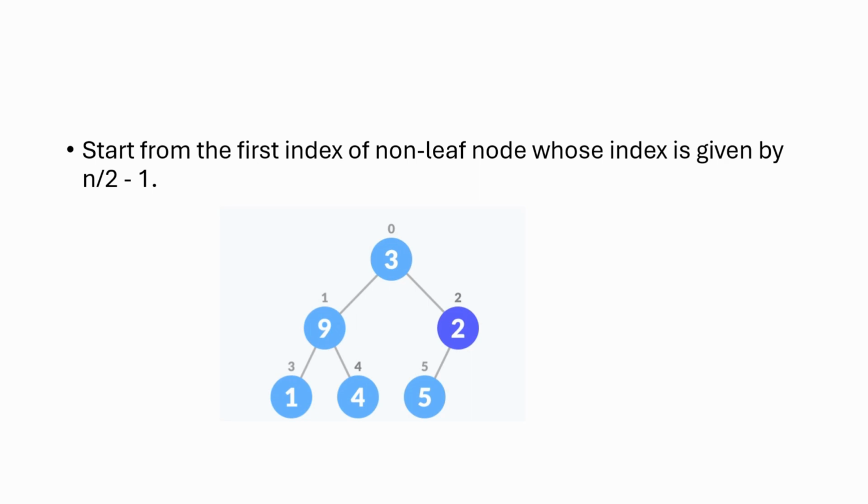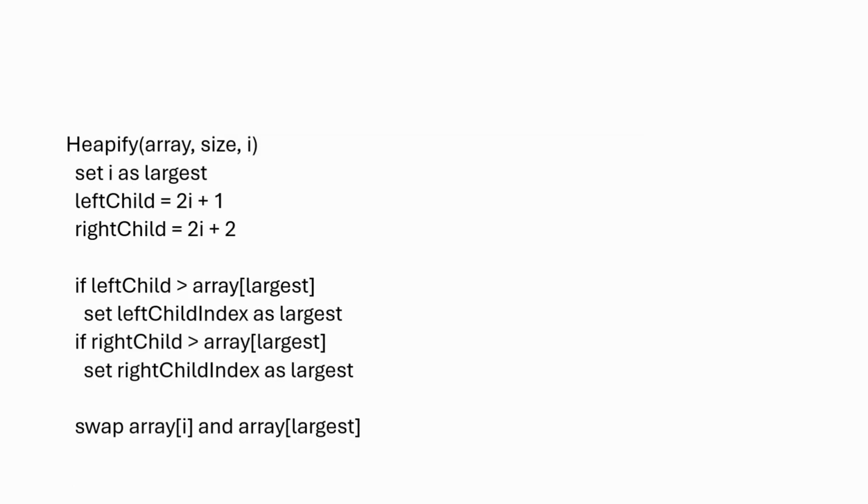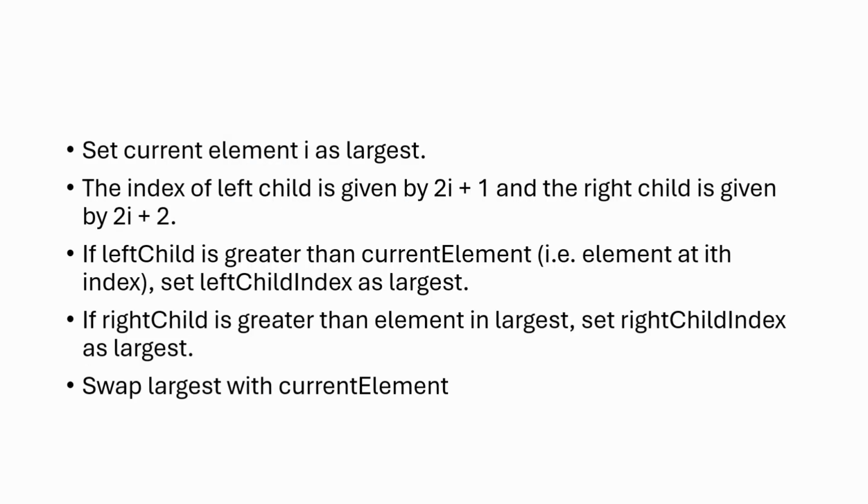So you start off with n divided by two minus one, so you end up with this number right here. And what we did in this case is we swapped. Essentially we're repeating this set of steps over and over again until the root node ends up being the largest one.